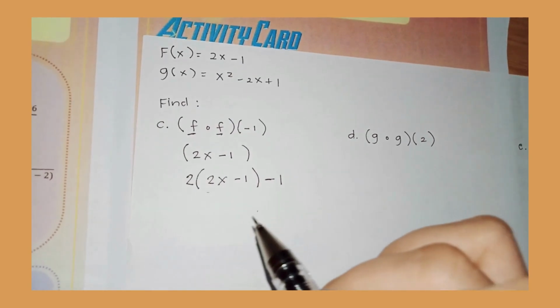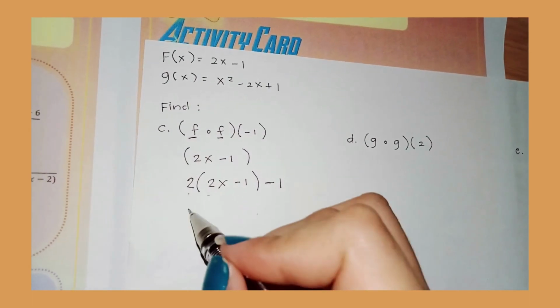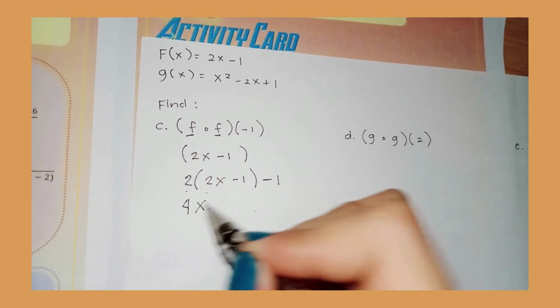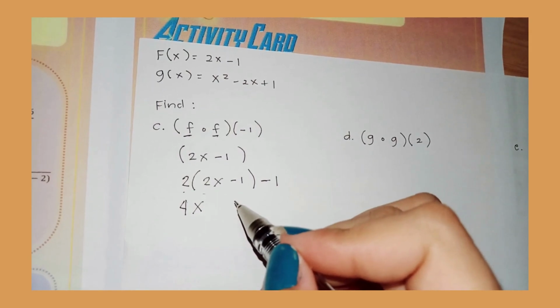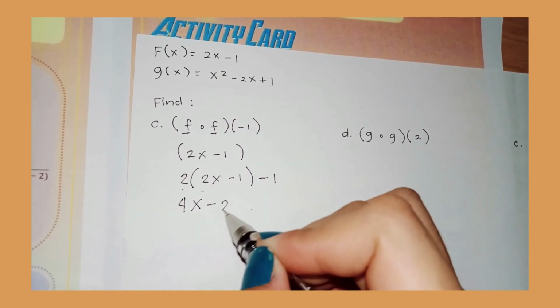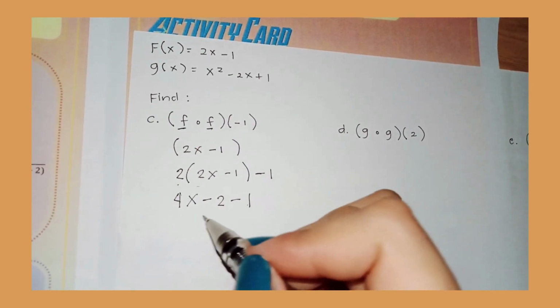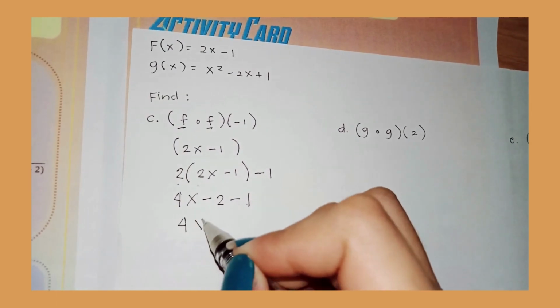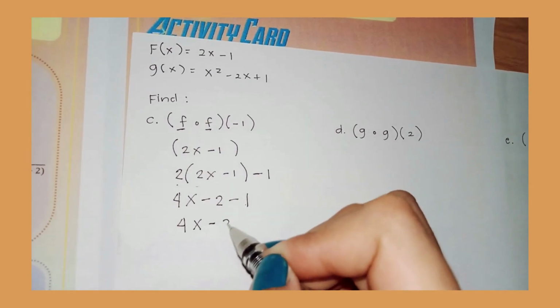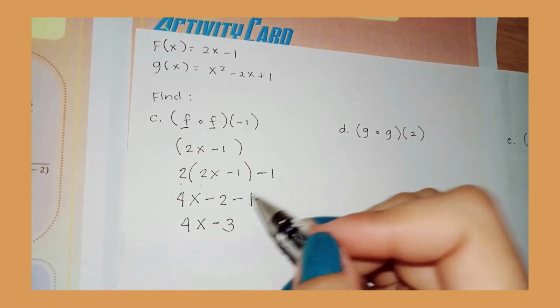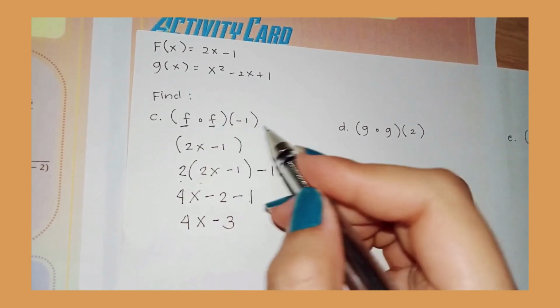Now, let's proceed with distribution. 2 times 2x, that is 4x. 2 times negative 1 is negative 2. Then copy negative 1. Combine like terms tayo. This will be 4x minus 3. Kaso, meron pa tayong isang given dito, negative 1.